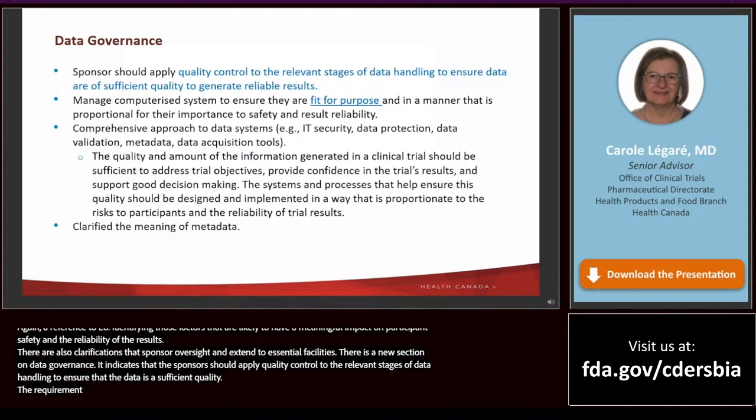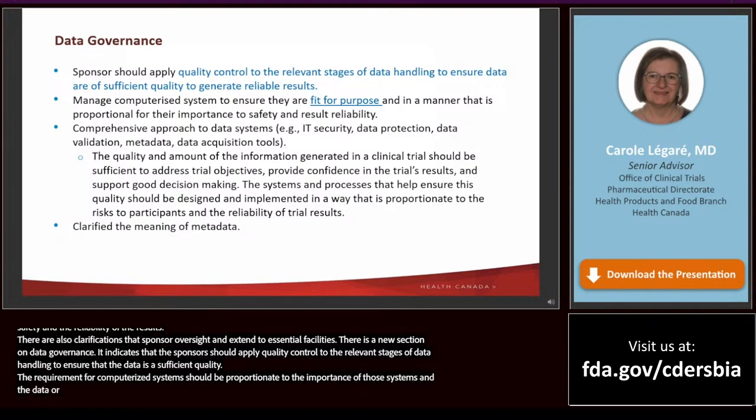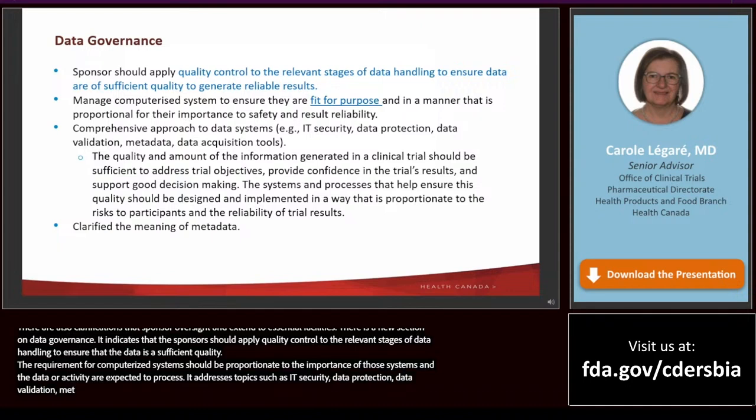The requirement for computerized systems should be proportionate to the importance of those systems and the data or activities they are expected to process. It addresses topics such as IT security, data protection, data validation, metadata, and data acquisition tools.